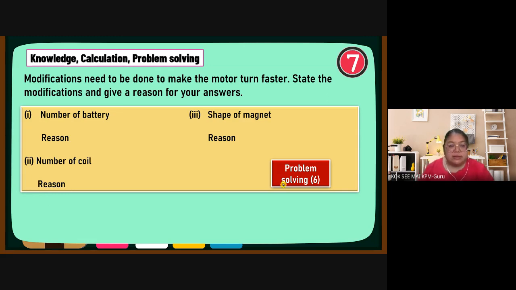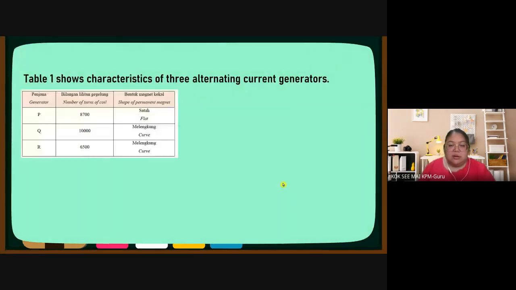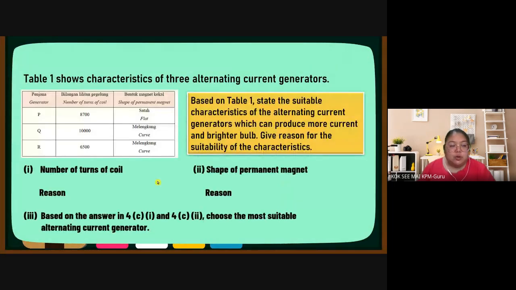Okay, now we see question 8. What's the difference? Okay, question 8, they will show you a table. After that, the table they show about the characteristics of the alternating current generator that can produce more current and brighter bulb.